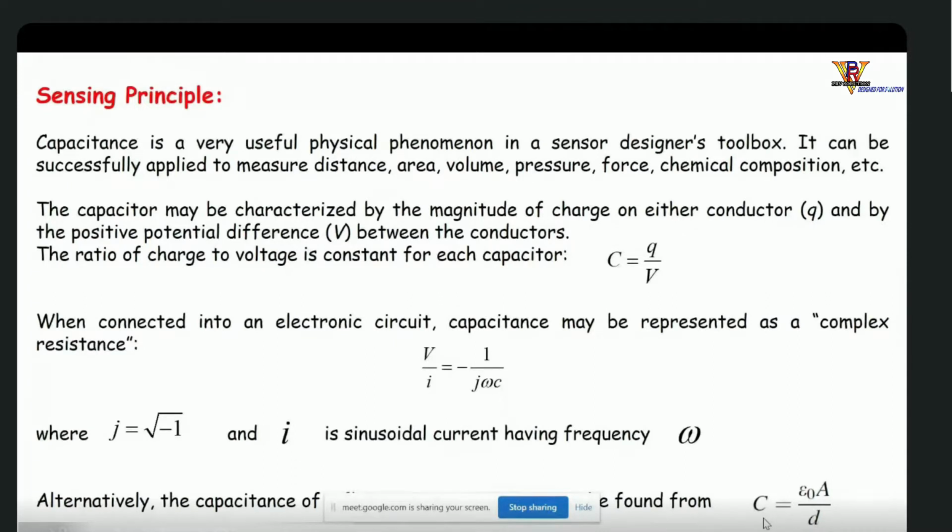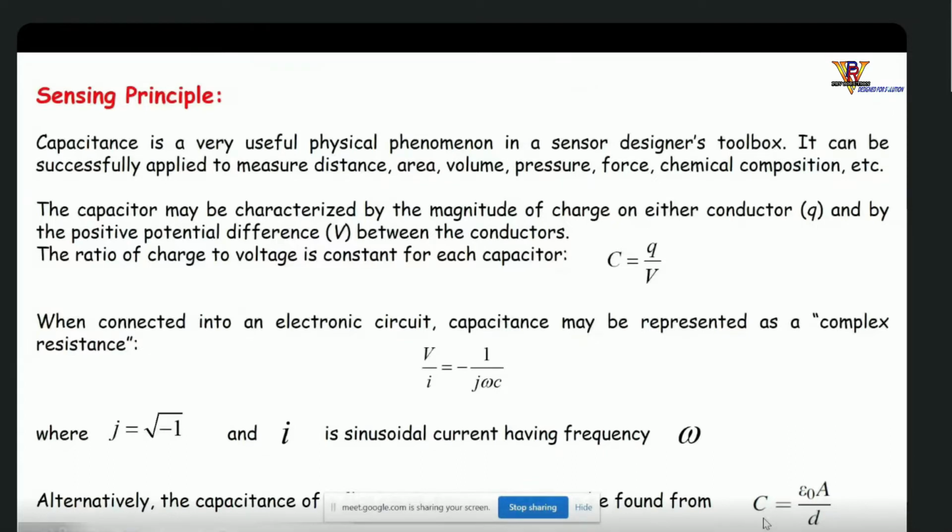It can store. Now when this capacitor is connected into an electrical circuit, what happens? It may present a complex resistance to that electrical source. Suppose an electrical voltage source is connected across the two ends of the capacitor.